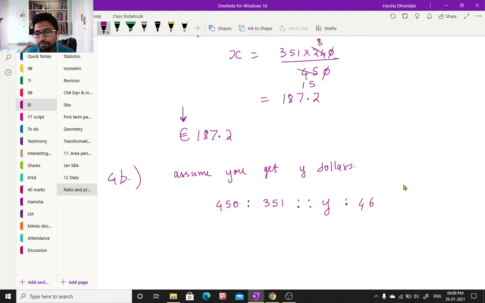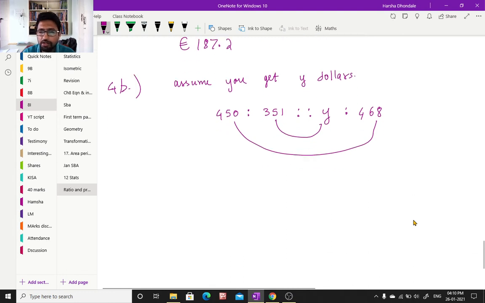468 euros. Now again here you just have to verify whether the order is the same. This is dollars, this is euro, again this is dollar and this is euro. So there is no issue with the order, it's perfect. So you can use your smileys now. First I'll choose 351 into y on the left hand side. Why?